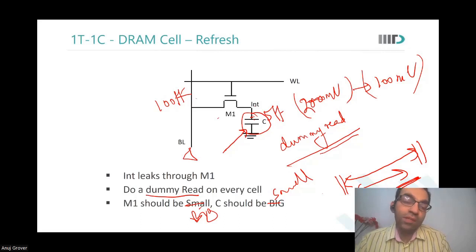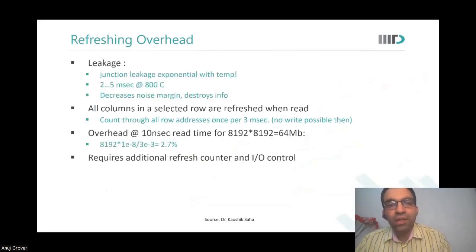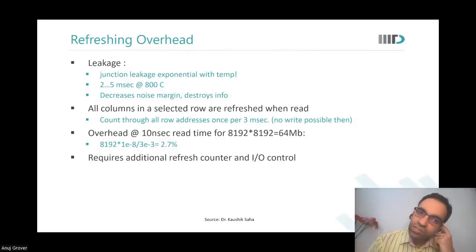Okay. So if this is clear, that is, the DRAM cell operation is clear, then we look at it in terms of refresh overhead. We said that refresh needs to happen at a regular interval. Because leakage goes exponentially with temperature, the refresh rate can go very high at high temperatures. What is happening?